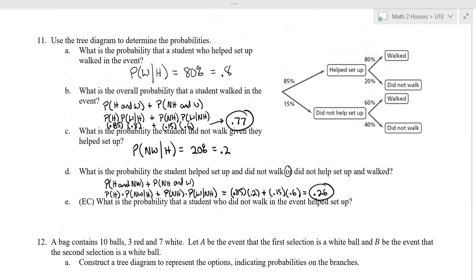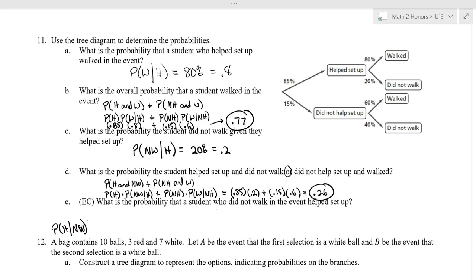Alright, so here we go. We want the probability that a student who did not walk, so we know they did not walk, helped set up. So that's the probability of H given that they did not walk.